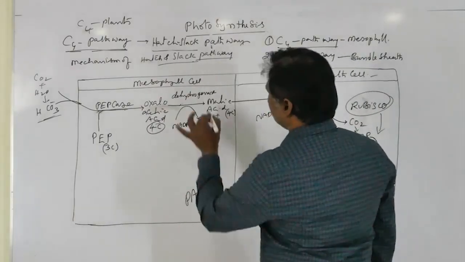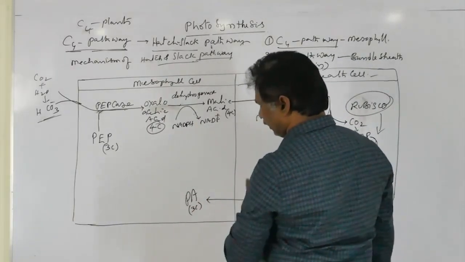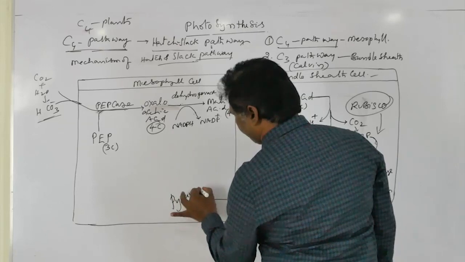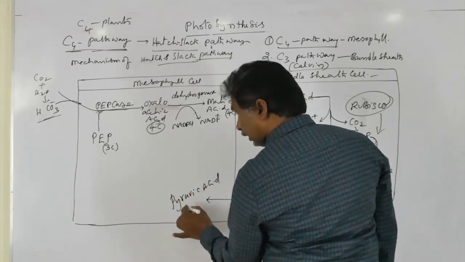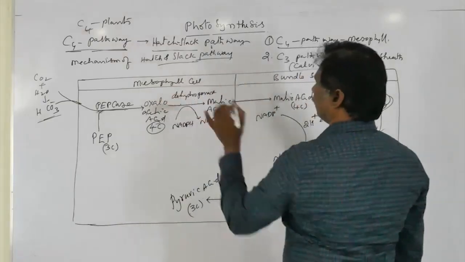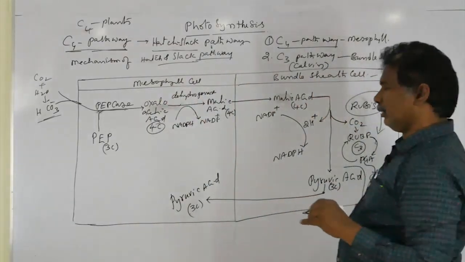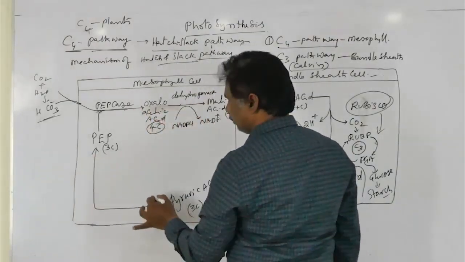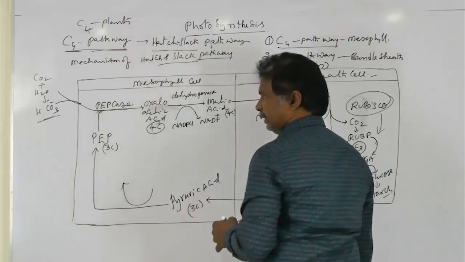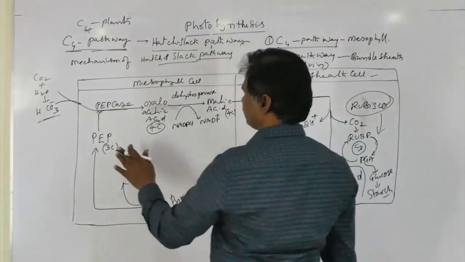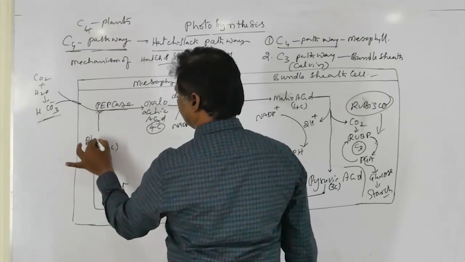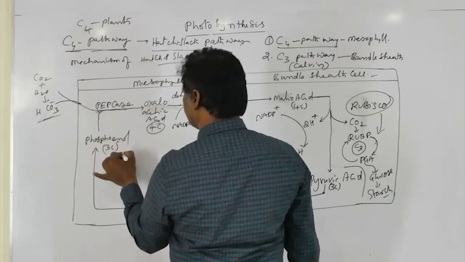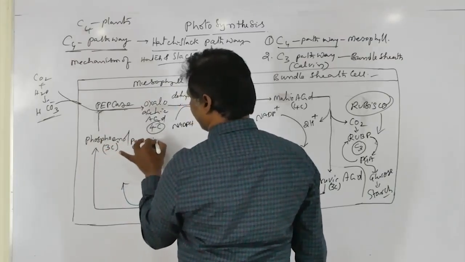the mesophyll cells. That pyruvic acid, by utilizing 2 ATP, is converted into PEP, which means phosphoenol pyruvic acid.